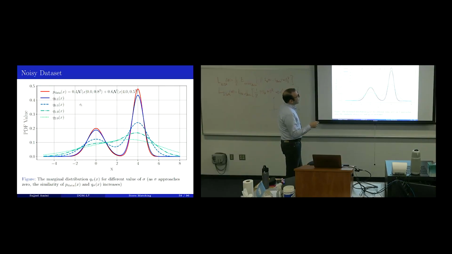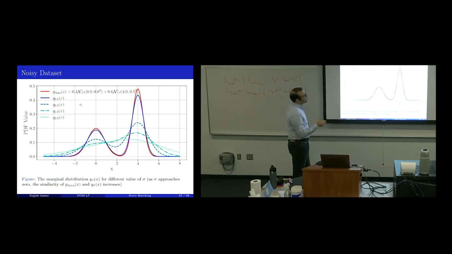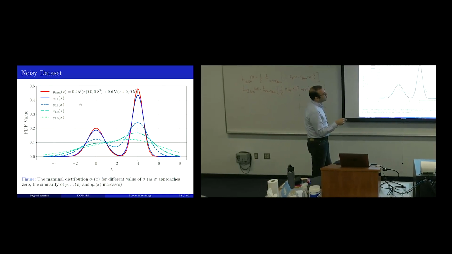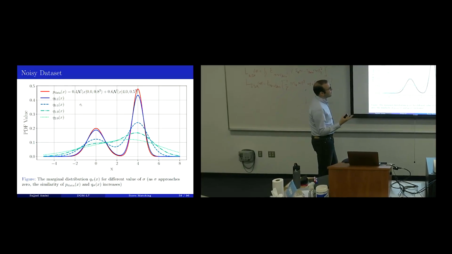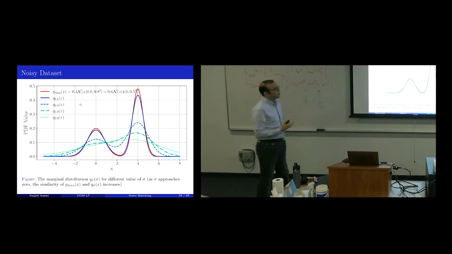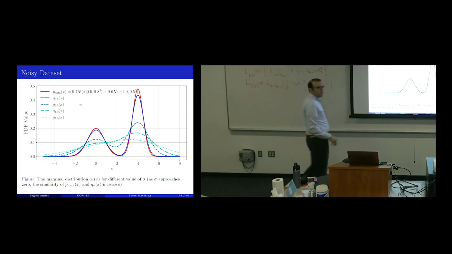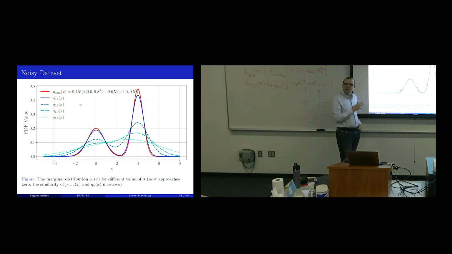This is the red curve, and I start to add noise to my true data distribution, which is the red curve, and the result is the Q of 0.1, 0.5, 1, 2. And you can see that when I increase the variance, the distribution becomes smoother and smoother in terms of fluctuations. Is it clear? Now scale it to the higher dimensional space. This is just one dimensional, it's very hard, but scale it.